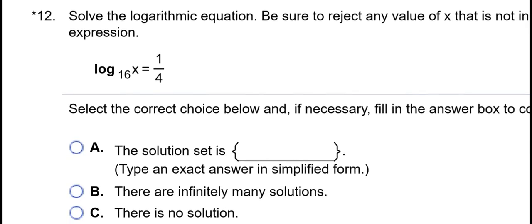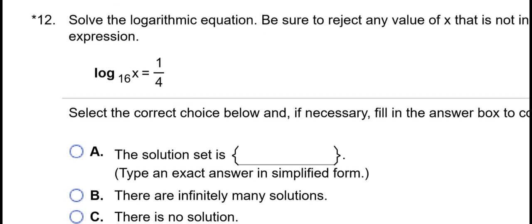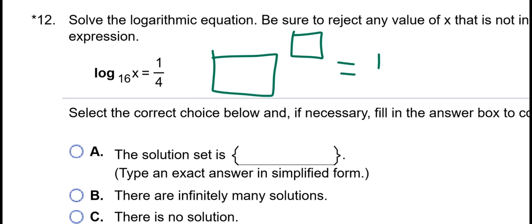Okay. What about that? Is that a single log? Yep. Okay, so rewrite it in its other form. You've got base, exponent equals something. All right, let's go. What's the base? Tell me when you look at this what the base is. That's 16, right?